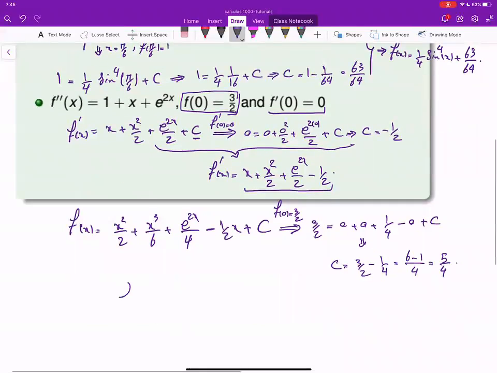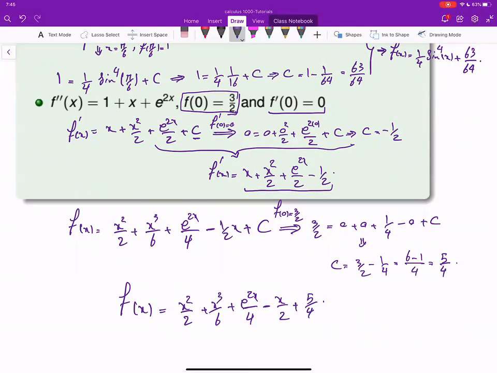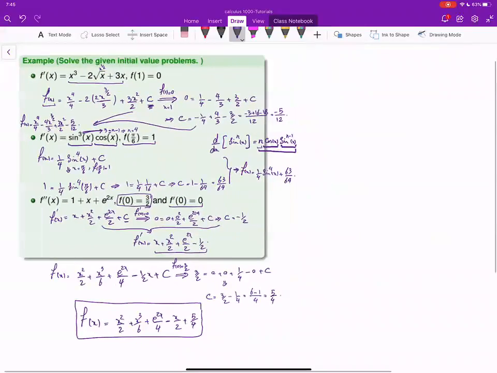So this way, we have found the function itself, which is x squared over 2 plus x cubed over 6 plus e to the power 2x over 4 minus x over 2 plus 5 over 4. That is the function itself. So I did the trick for solving initial value problems in this problem twice, and then I got f itself, knowing f double prime.